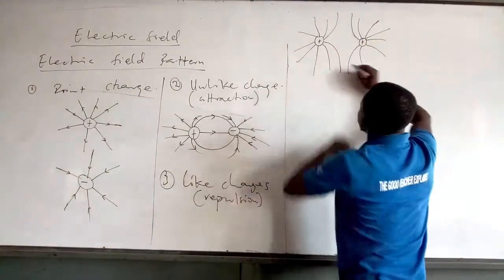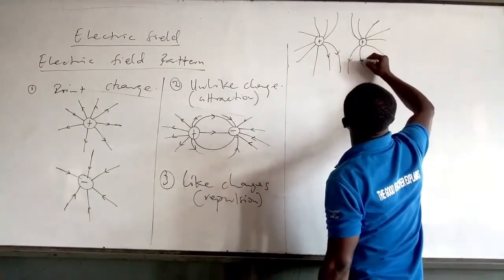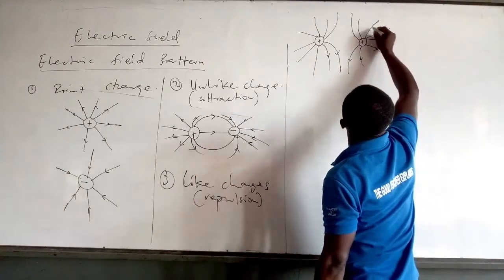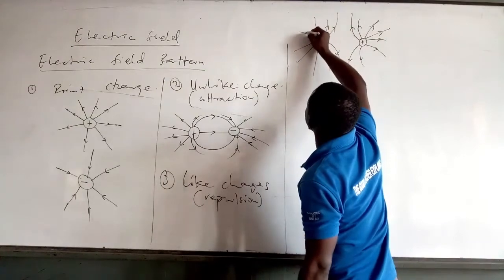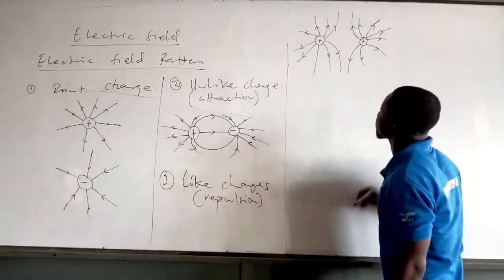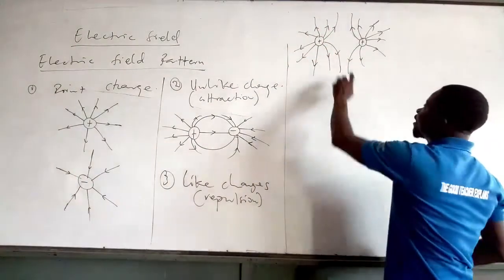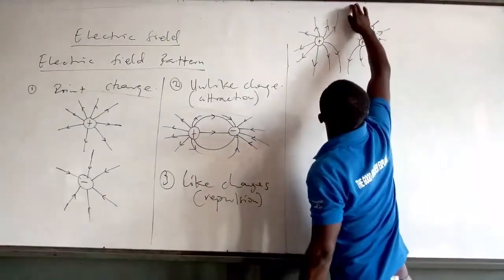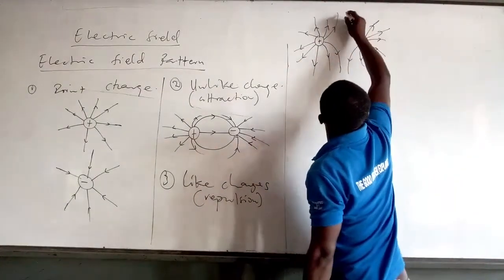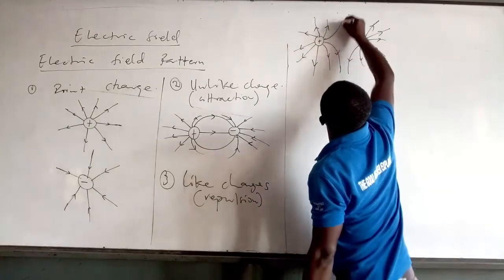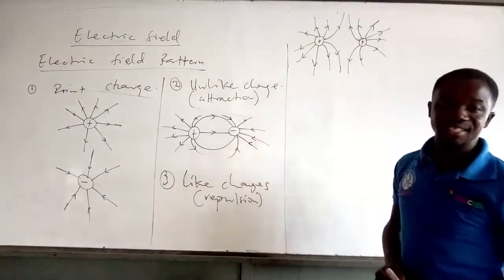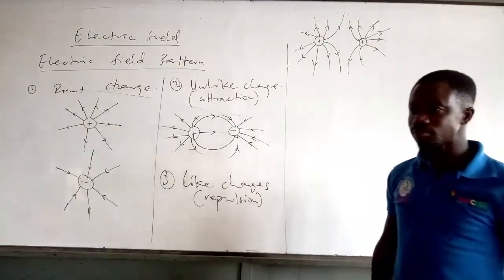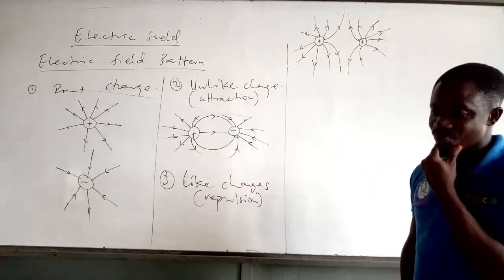Because this is positive, they move away from it like this. They move away from the positive charge. If they were negative charges, they would come towards it. So this represents two like charges that are showing repulsion.